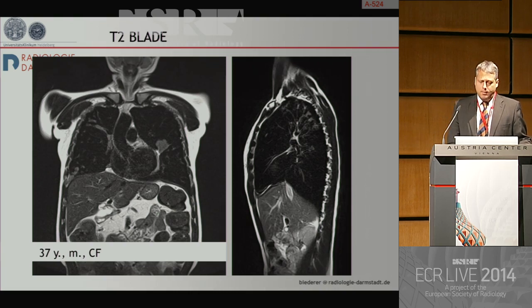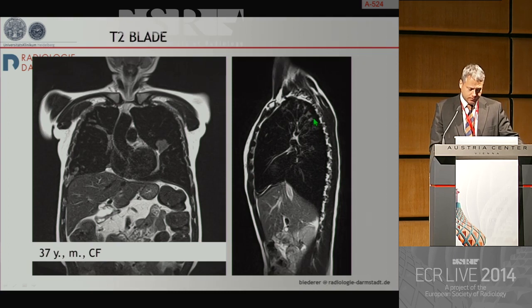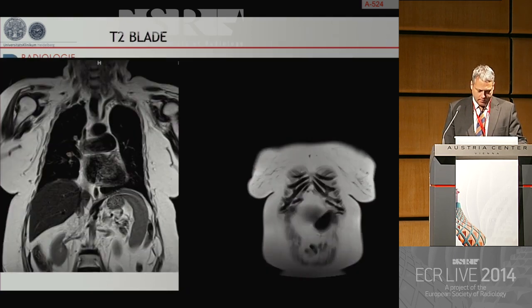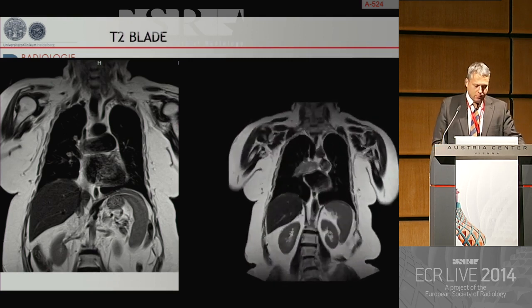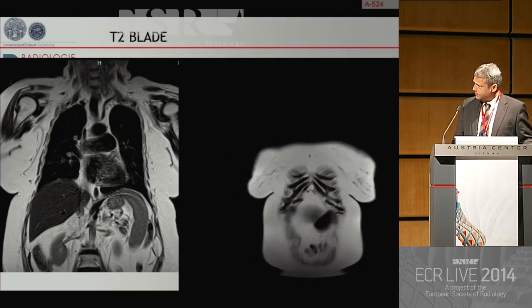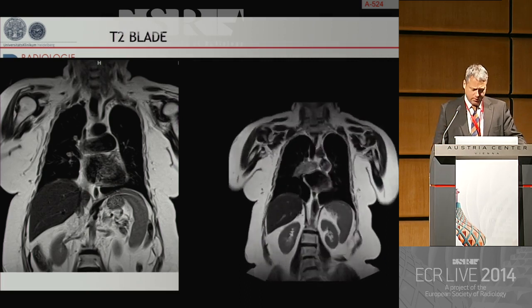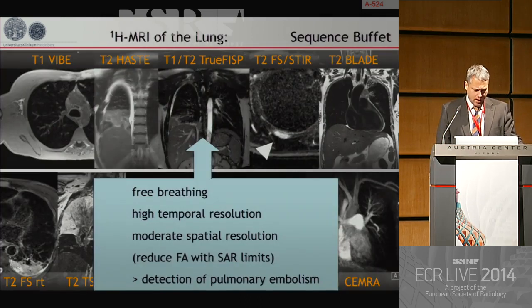For example, these are the images that we can have in a patient with cystic fibrosis. We can see some consolidation, peripheral mucus plugging, and even the peripheral missing vascularization in this patient. And again, we can of course see everything that we want to see about the large central pulmonary arteries.